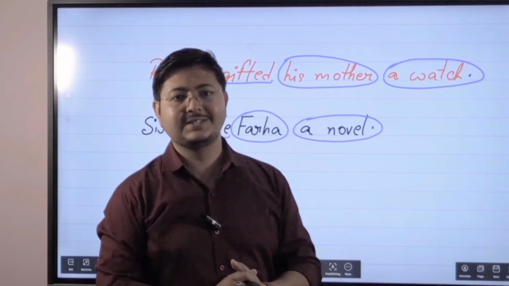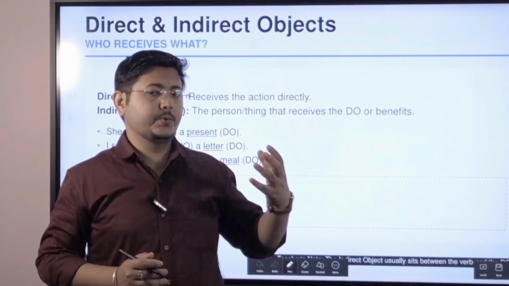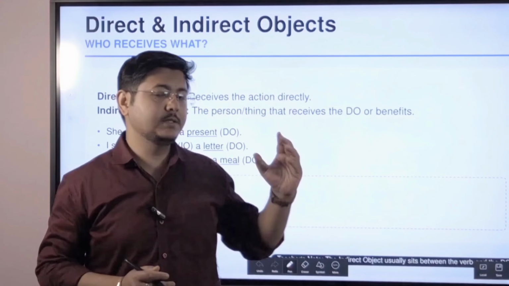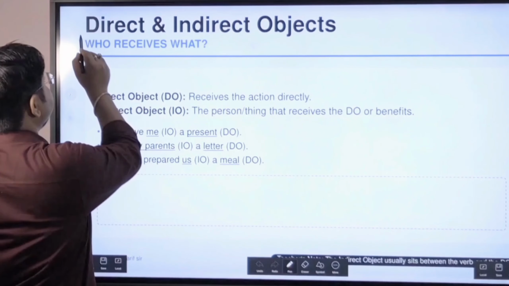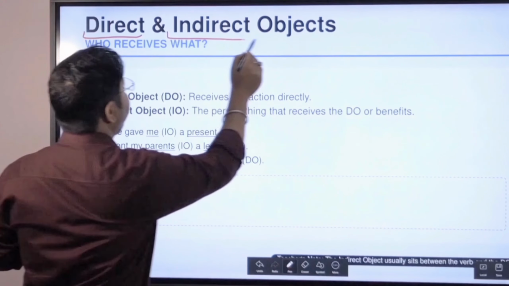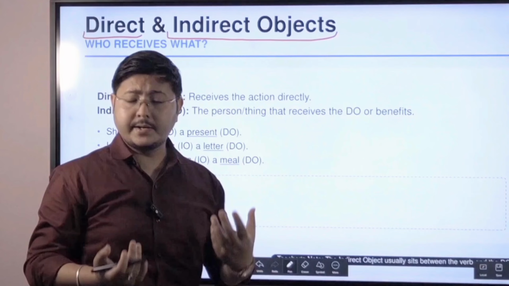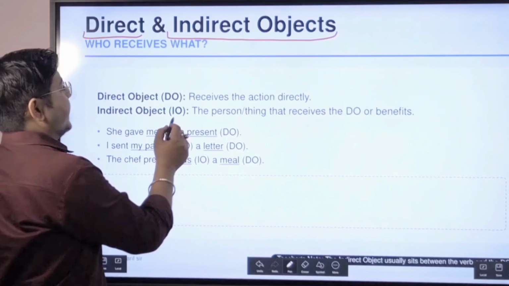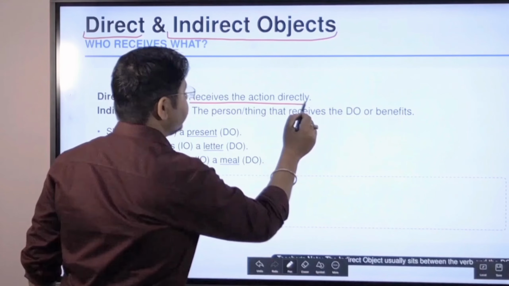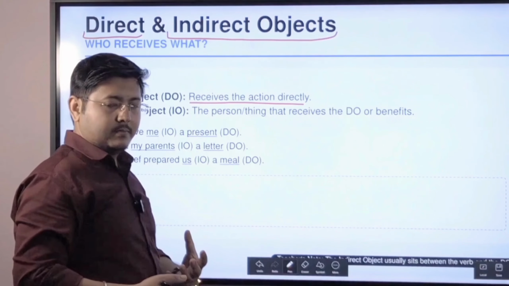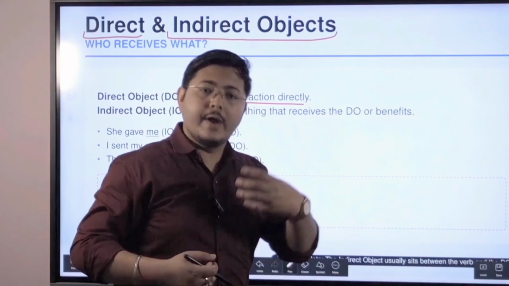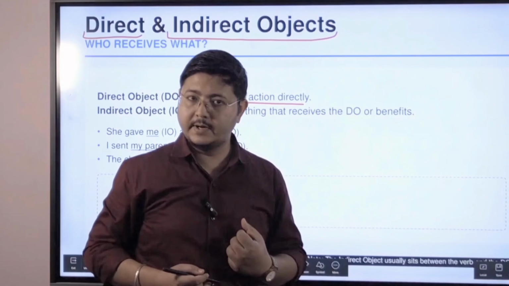Let's find out. The objects that I showed you in the previous examples are actually called direct and indirect objects. Now, what are direct and indirect objects? How to identify them? A direct object is the one that receives the action directly, or the item or thing that is directly affected by the action of the verb.